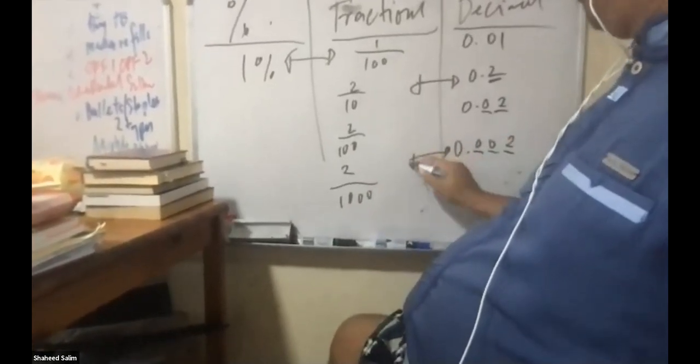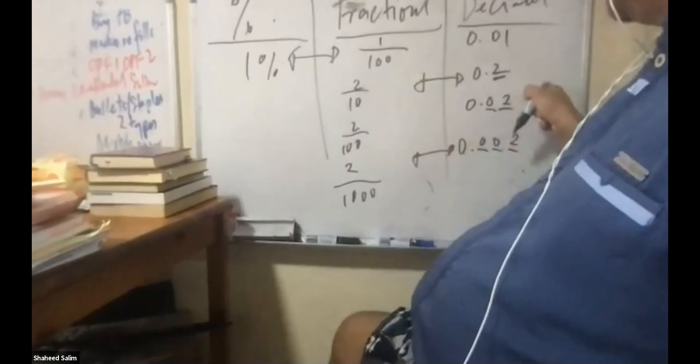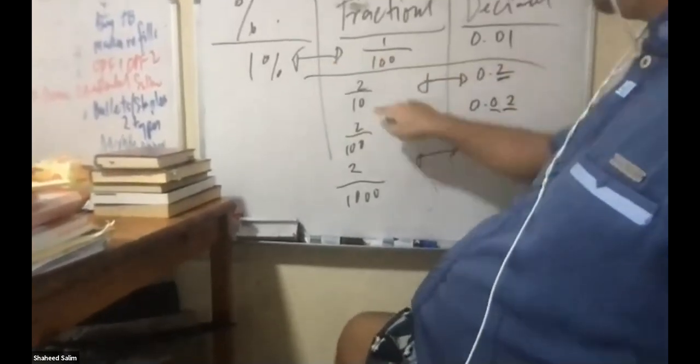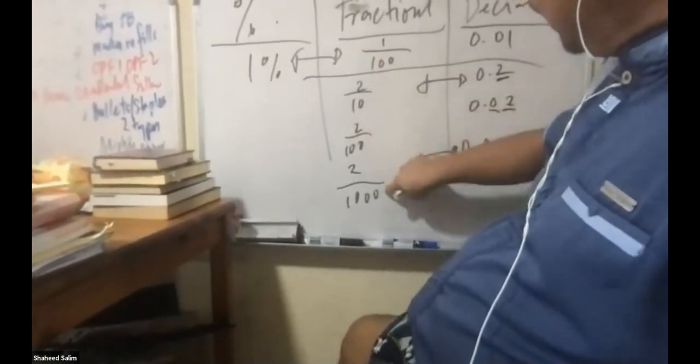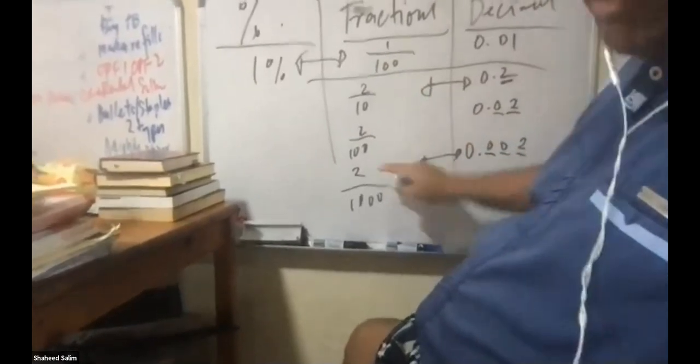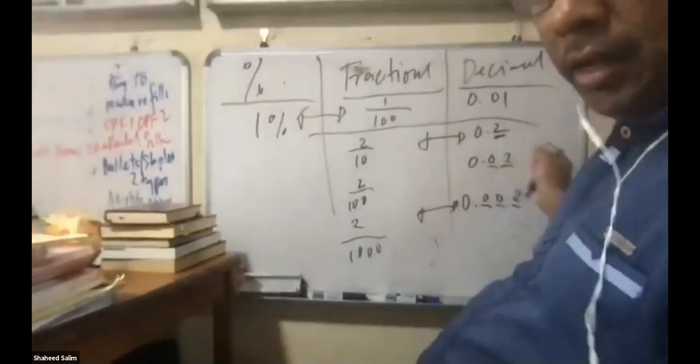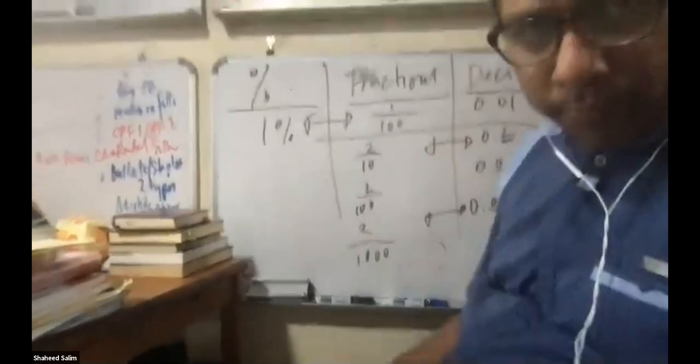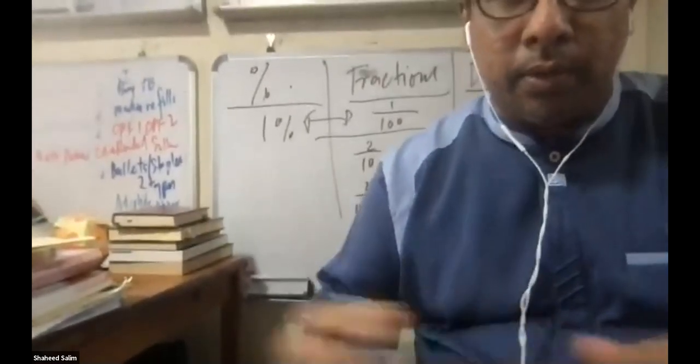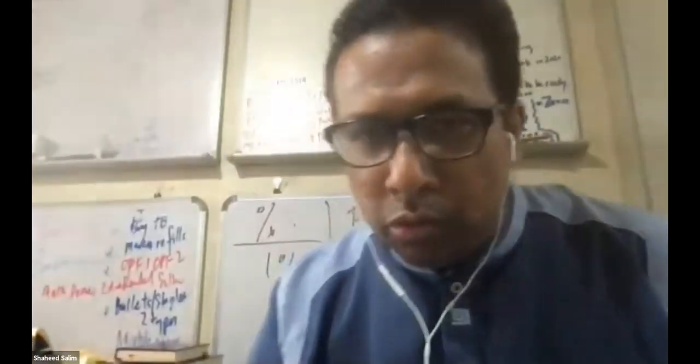So for fraction to decimal, make sure the denominator is 10, 100, 1,000, 10,000, 100,000. Then you can convert. Okay, remember or not? I'm looking at your face, not too sure.